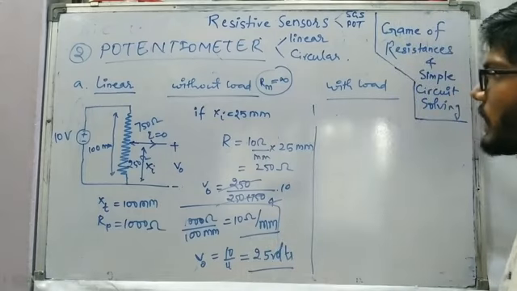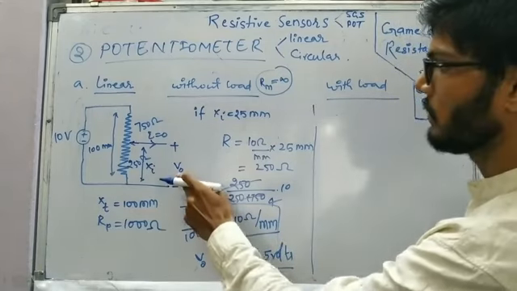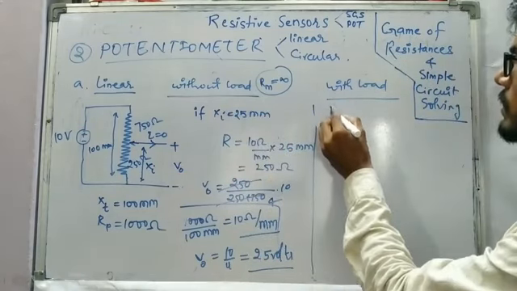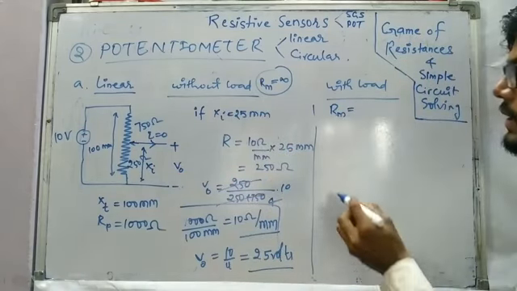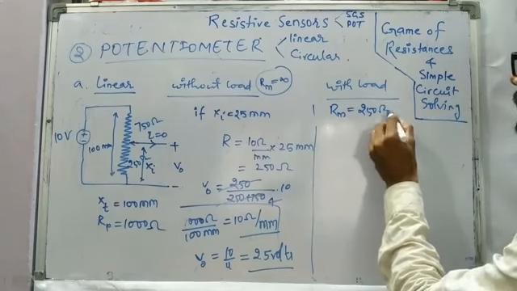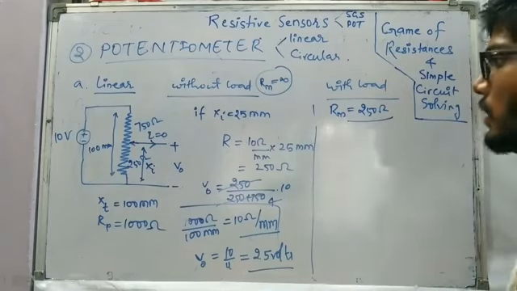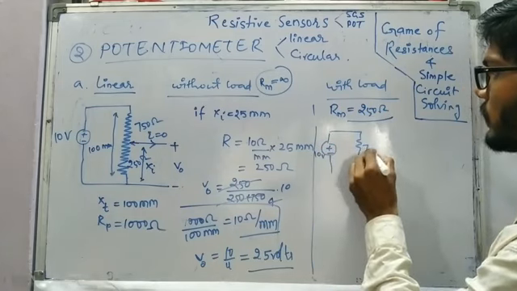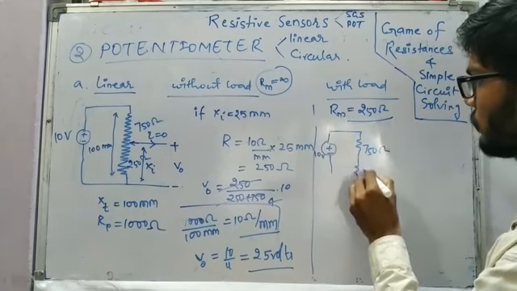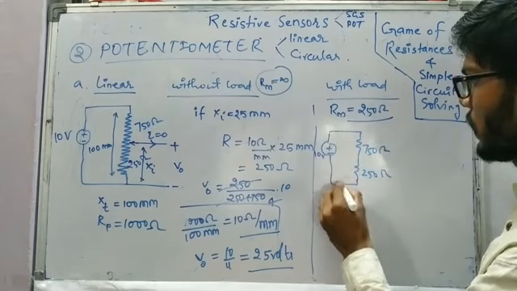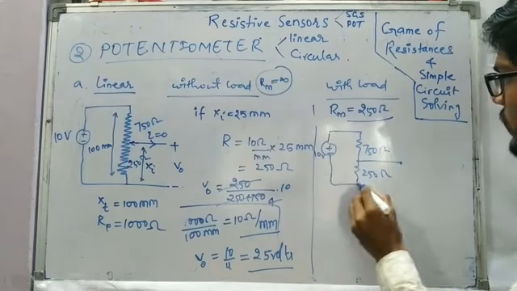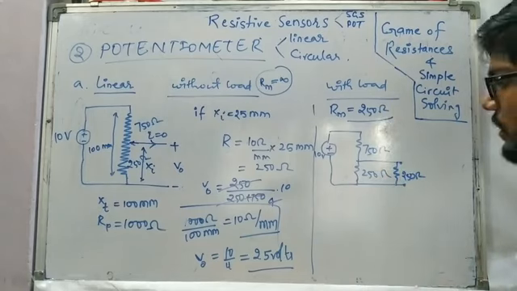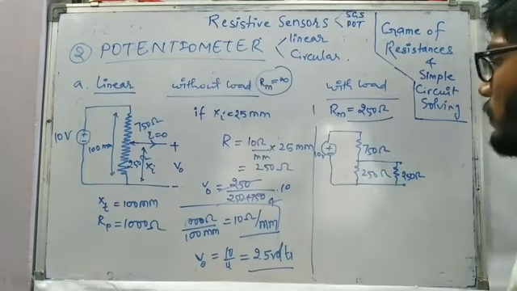In this second case, with load, instead of having the resistance of the voltmeter as infinite, we are going to have some finite resistance of our meter, and let us say the resistance is 250 ohm. Now the circuit diagram will look like this: 10 volt, 750 ohm, 250 ohm, and instead of taking the voltage directly across 250 ohm, we are going to have one more 250 ohm resistance in parallel, because the meter has finite resistance.